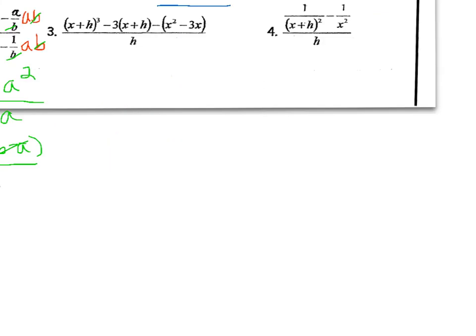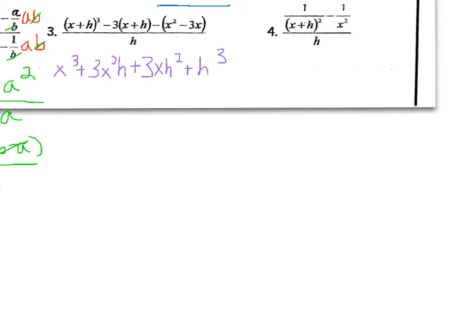For number 3, we want to expand and simplify. So first we need to expand x plus h cubed. So that will be x cubed plus 3x squared h plus 3x h squared plus h cubed.